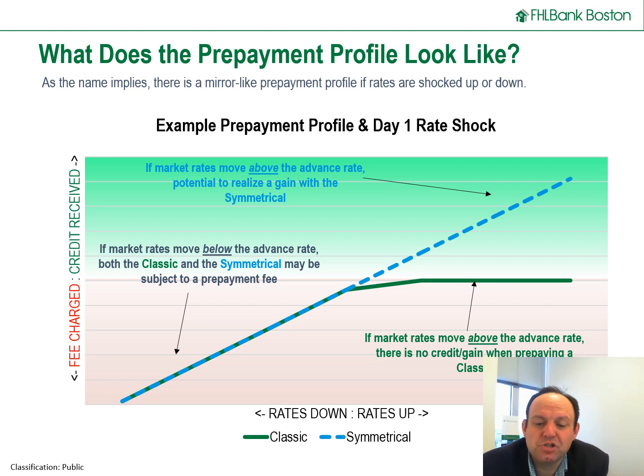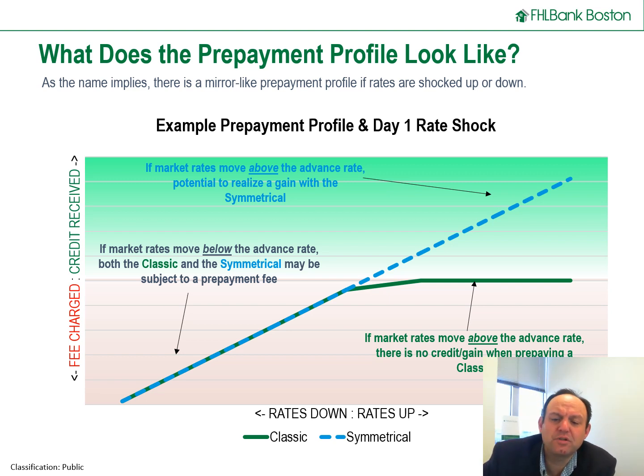So we look at this generic example down below of the potential prepayment profile in different rate scenarios. As we look to the left-hand side, we can see that if rates move down after initiating an advance, then there will be a prepayment fee assessed. That is both for the classic advance and the symmetrical. So you can see the lines are overlapping there.